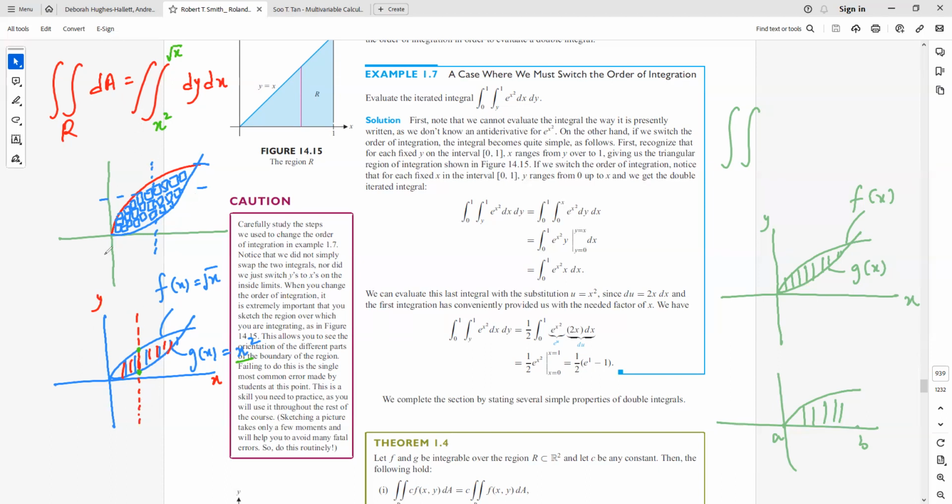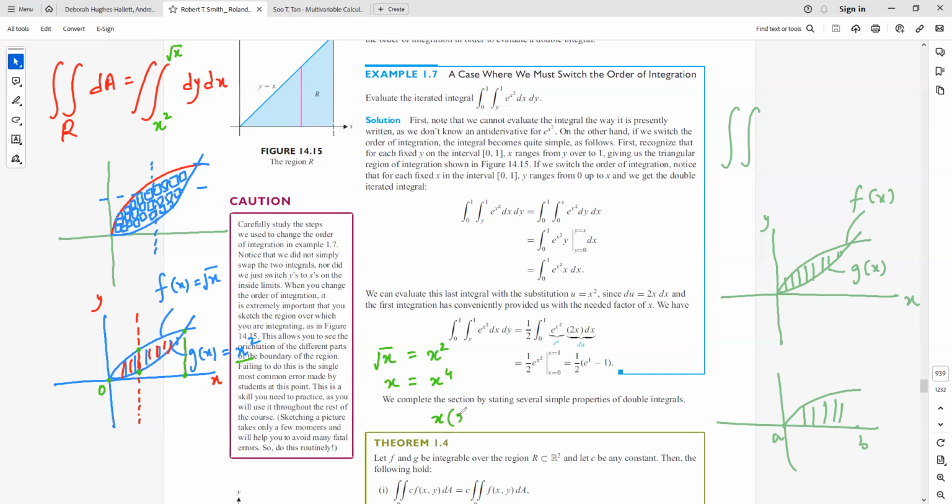And now the limits in the x direction are simpler, because my region starts from this point, that is 0, and then it goes to this point that we can easily find. At this point of intersection, square root of x and x squared should be equal. Therefore, I can take the square root on both sides, and I will get x equals x to the power 4.